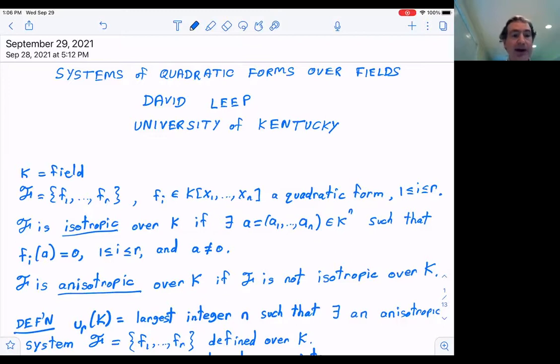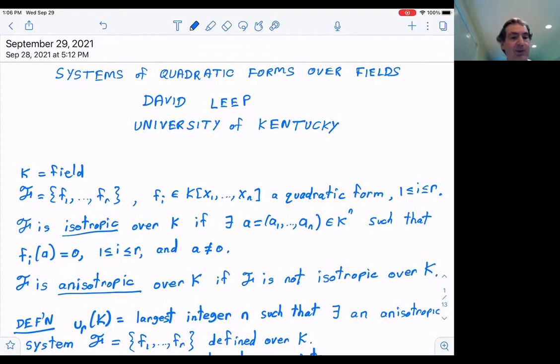So capital K is always a field, and I'm going to deal with a system of quadratic forms F1 through FR. A quadratic form, of course, is a homogeneous polynomial where every monomial has degree 2. So we have R quadratic forms in n variables.